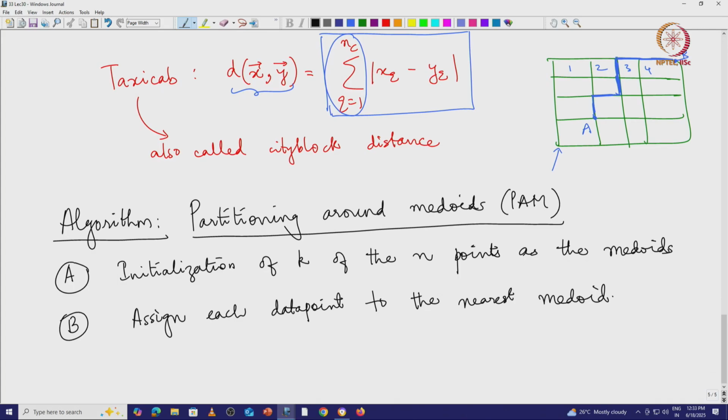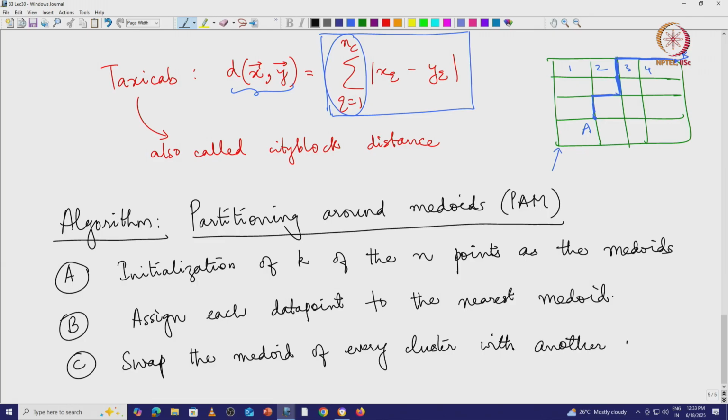Then you swap the medoid of every cluster with another point in the cluster to reduce the total dissimilarity.